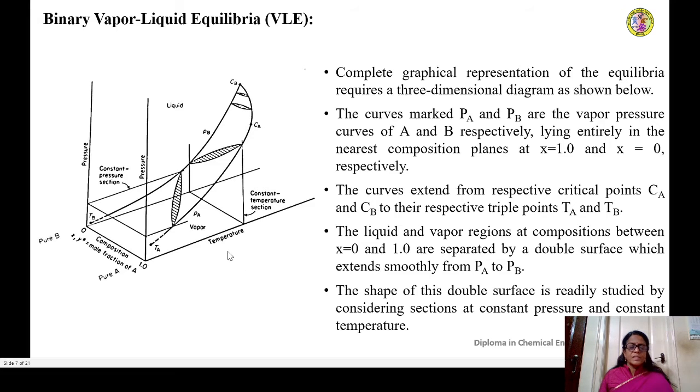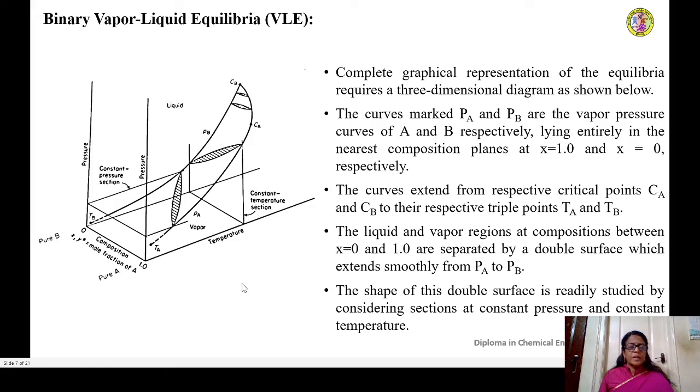The shape of this double surface can be understood by considering a constant pressure and constant temperature section. That is, keeping the temperature constant, how pressure varies with the composition. That relationship is to be studied at the same time. And one more thing is, keeping the temperature constant, how the relationship exists between pressure and the mole fraction compositions.